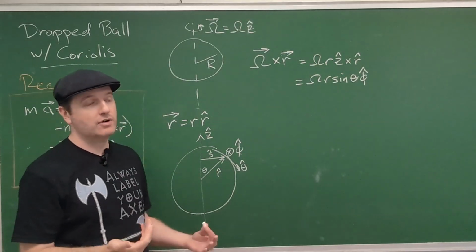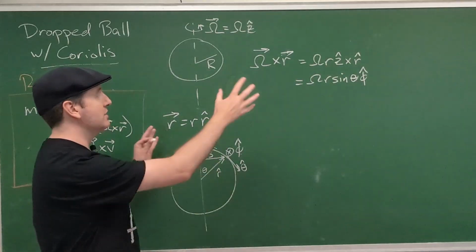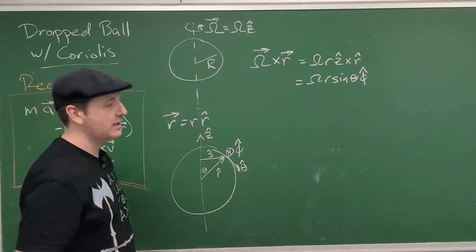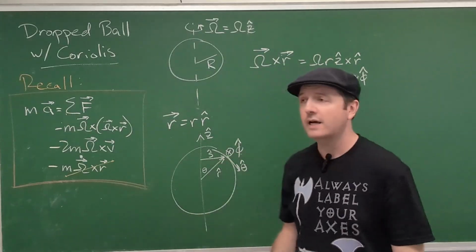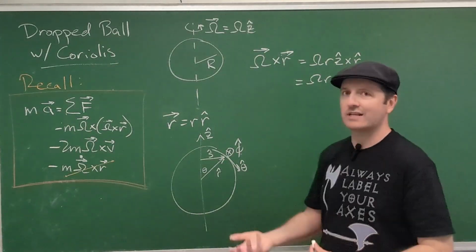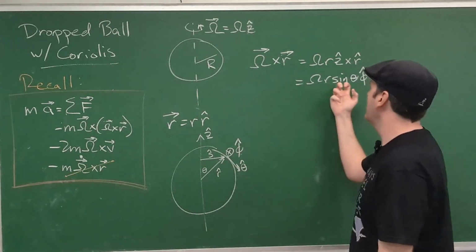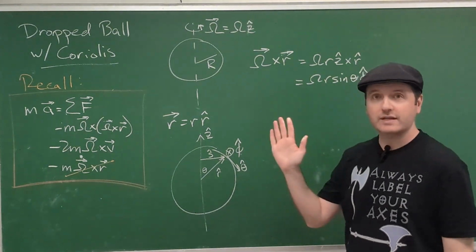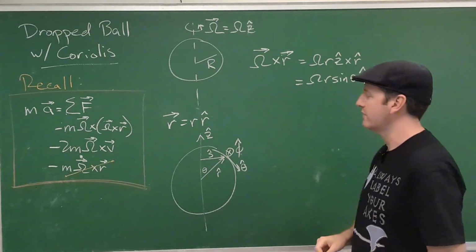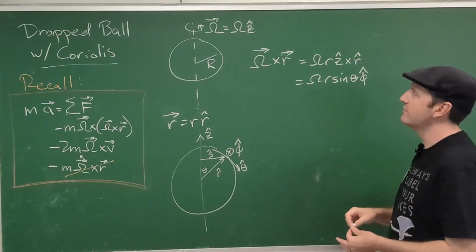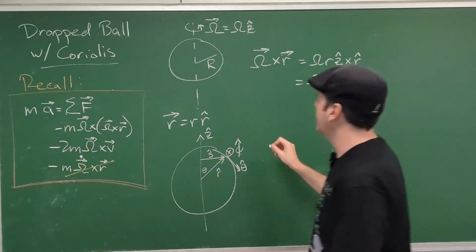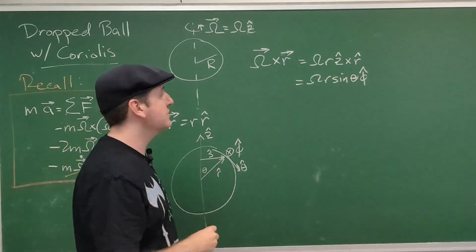They're in the same direction, and the cross product should be 0. Now, in all of these cases, if you wanted to expand these out in terms of sines and cosines, you could, and you're only going to get sines and cosines. So I can just say, well, sine is the one that's 0 when theta is 0, and it's 1 when theta is pi over 2. So this is the right expression for omega cross r hat, or omega cross r, the vectors.